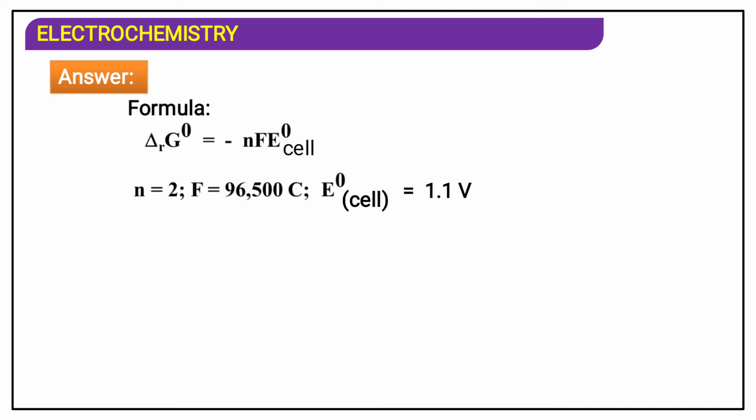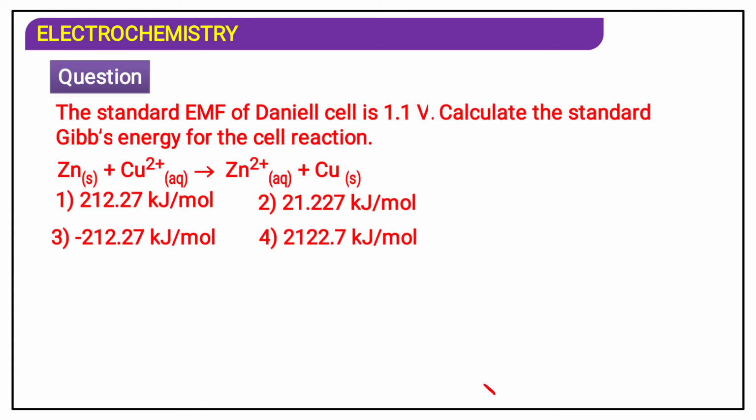How can we say that n equals 2? I already mentioned in this equation what is given here. Zn is converted into Zn plus 2, and copper plus 2 is converted into copper. You take any one: Zn is losing 2 electrons, or copper is gaining 2 electrons.